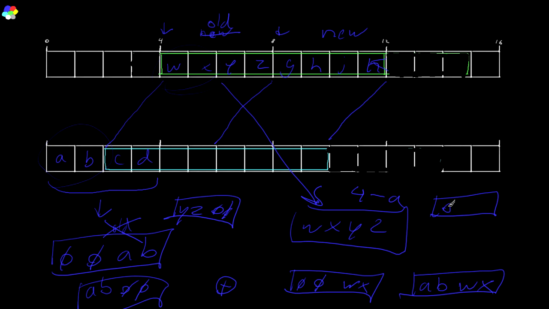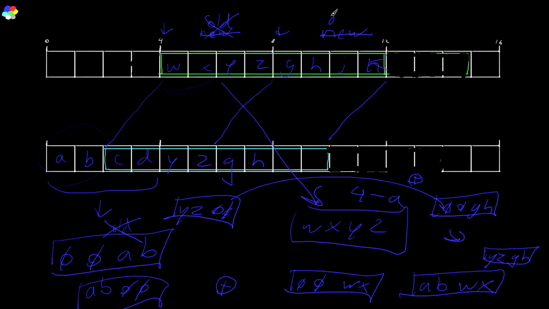We get 0, 0, GH. We OR these together. And that gives us YZ, GH. And that's what's going to go into here. Y, Z, G, H, which is what is supposed to go in there. So, and then the pump continues. Discard this. This becomes old, and this becomes new, only we're done, so we don't actually need to do that. But that's the general idea.